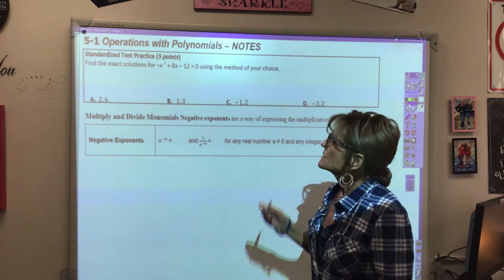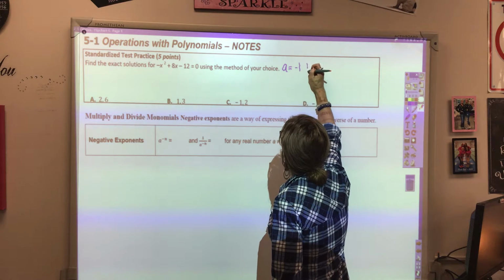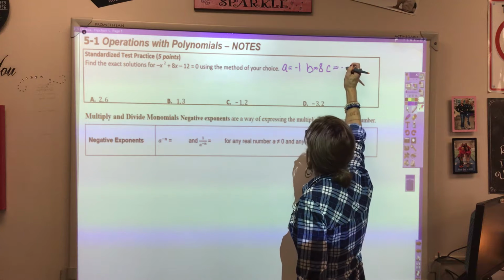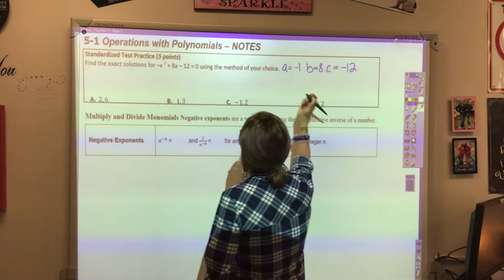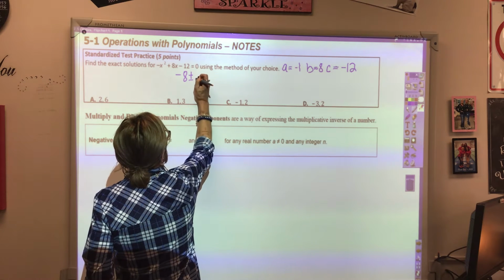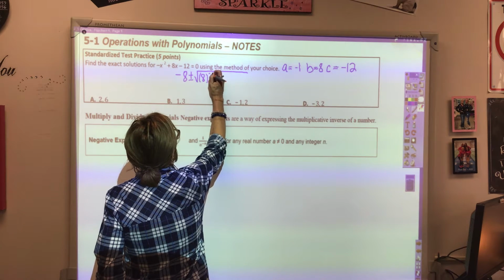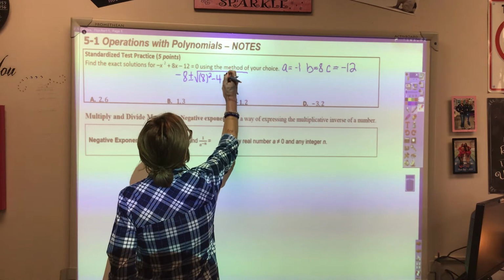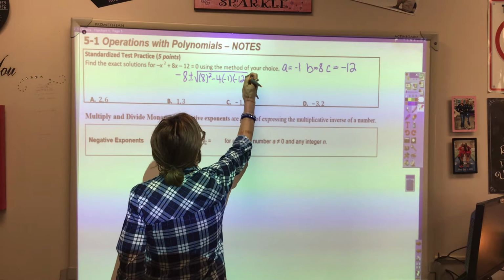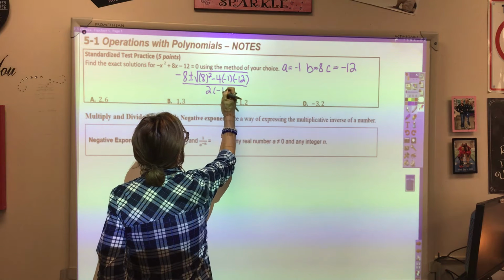So A would be -1, B is 8, and C is -12. So we take the opposite of 8 plus or minus the square root of 8 squared minus 4 times -1 times -12, all divided by 2 times -1.